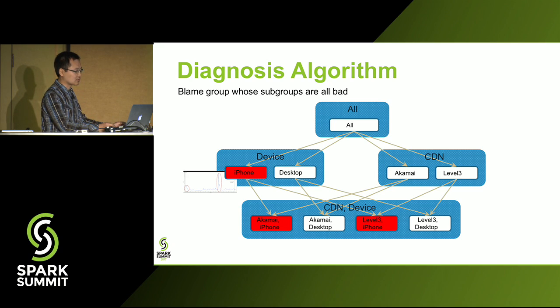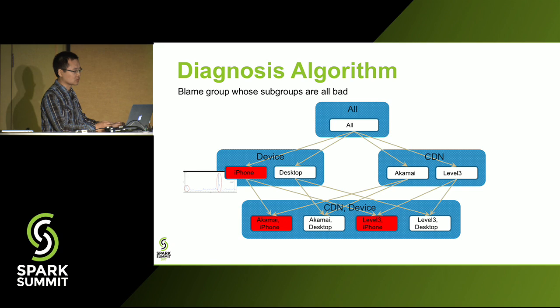So after building this graph, next we need to run the same detection algorithm for all the groups defined in this graph to mark if each group has an anomaly or not. The detection algorithm was already shown in previous slides, like the baseline area stuff. So after marking all these anomalies in this graph, we search from the top level to bottom in the graph.